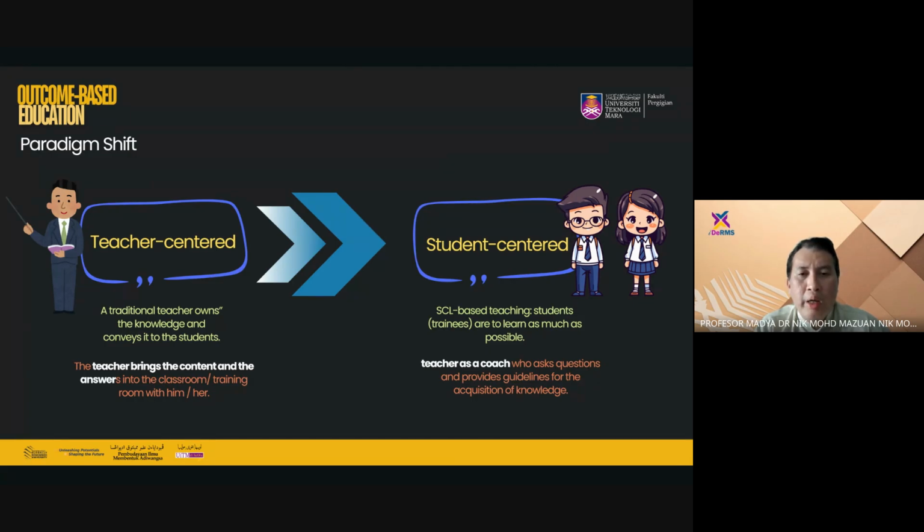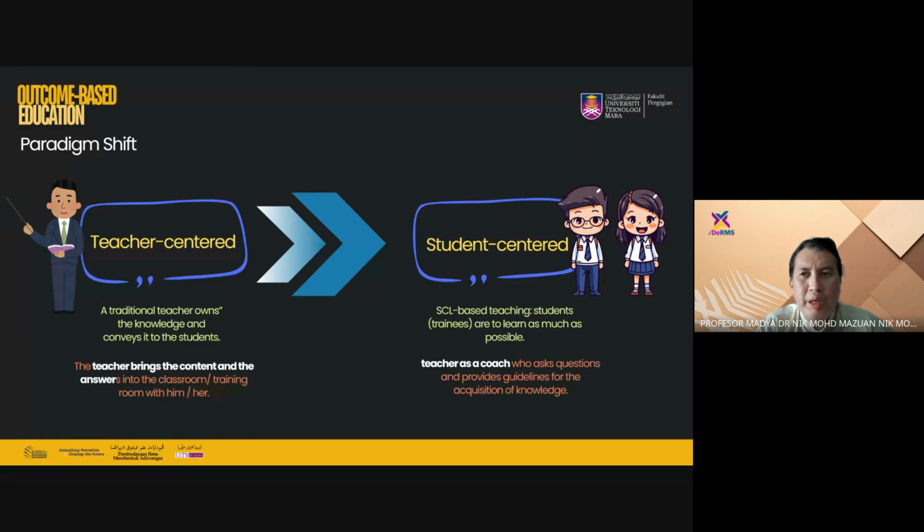So if you want to translate this into daily teaching practice, you can tell them to read first before coming to class. And in the class, you can do some activities like seminars. You give them a question, they answer the question.